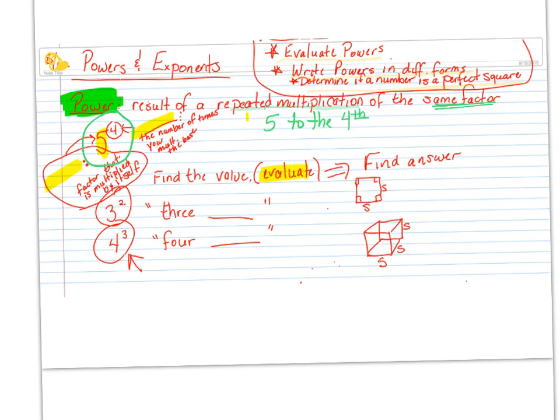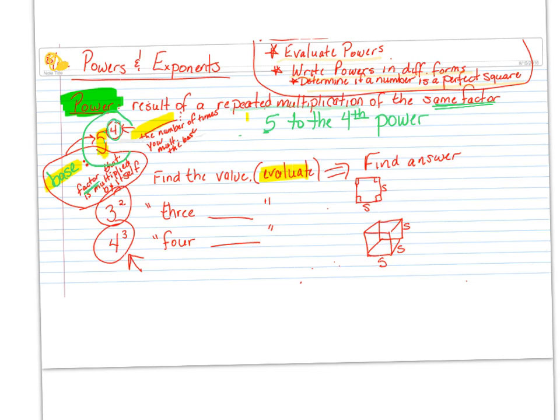Okay? And what that means, that doesn't mean take 5 times 4. It means this number 5 right here, the bigger number, that's what we call the base. And when it has a base of 5, that is the number, the factor that is multiplied by itself.